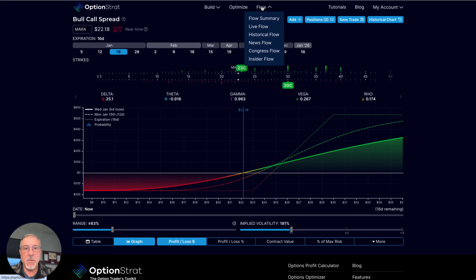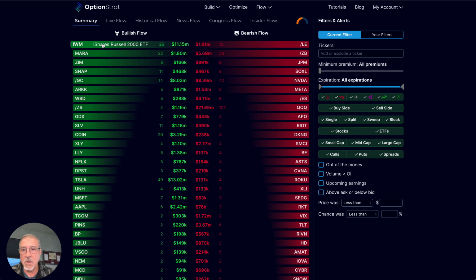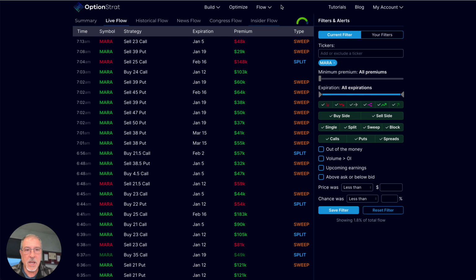And probably one of the biggest factors that's of interest to me is this whole flow scenario, that it is rated as very bullish from a flow standpoint right now. So there's a lot of people out there that seem to have an opinion that this thing is going to take off in the short term, because we can see most of these are very short-term options as well.